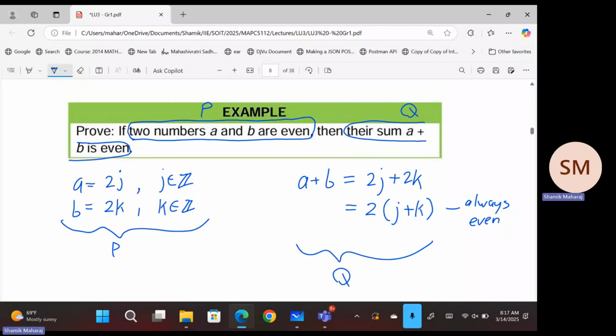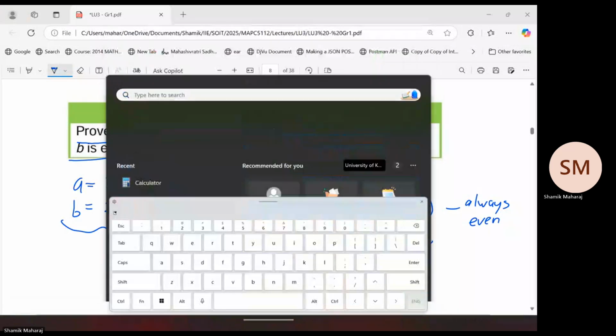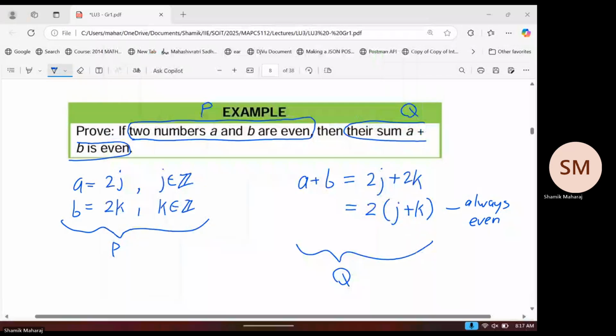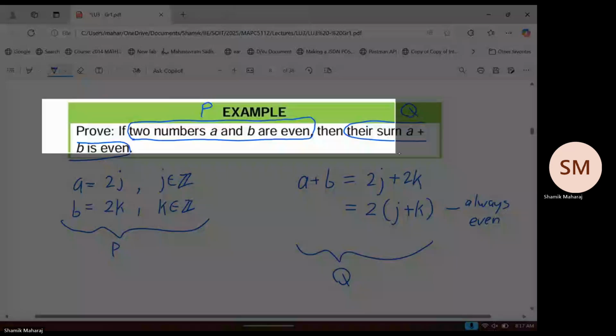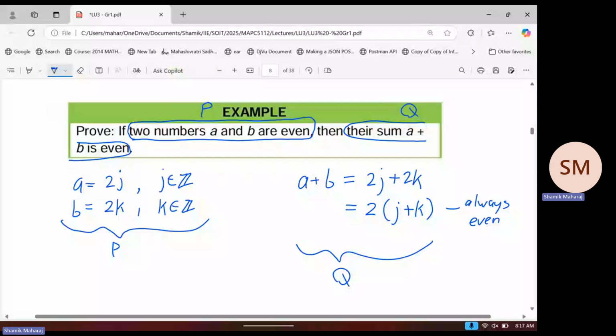Okay, so let me copy and paste this question onto the whiteboard. Where's the snipping? Here.